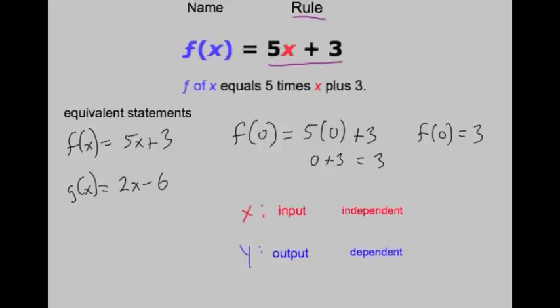And recall that the x, or the input, is our domain, and the y, or the output, is our range. So again, x is independent, we choose whatever it is, and y is dependent because it depends on what x value I plug in. The output depends on the input.